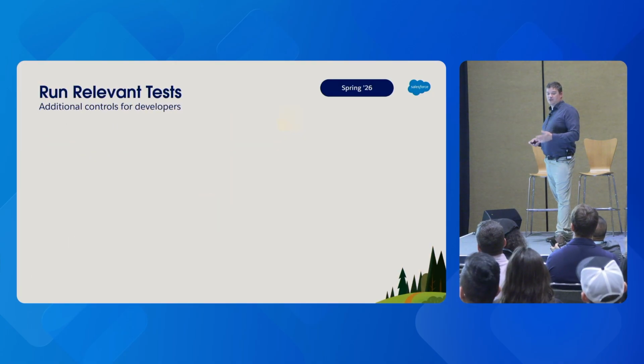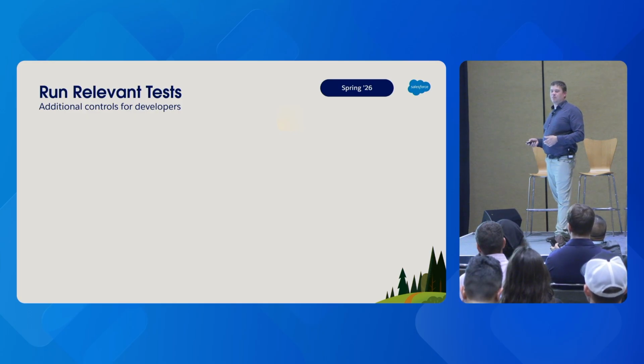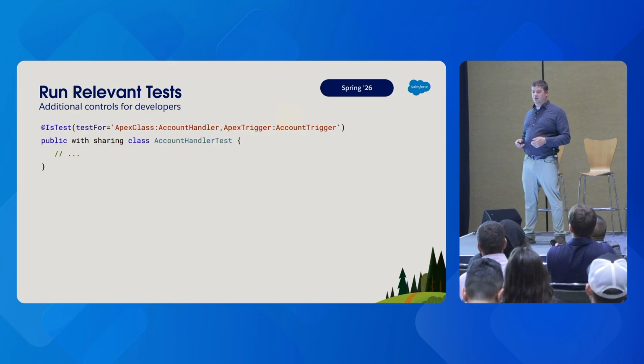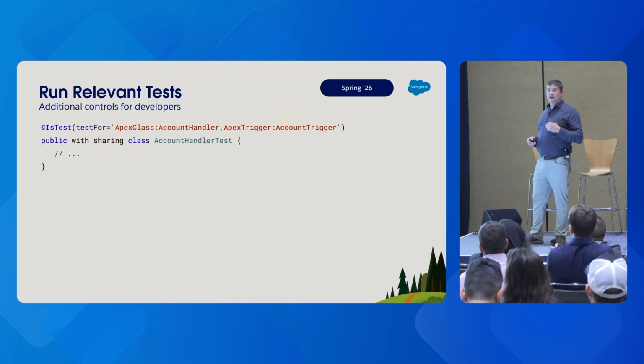As part of how the run relevant tests mechanism works, we infer which classes to run based on the contents of the payload, the contents of the metadata deployment. But we also give you a degree of control. If you're using something like reflection to invoke classes, it may not be immediately apparent what the dependencies between those classes are.